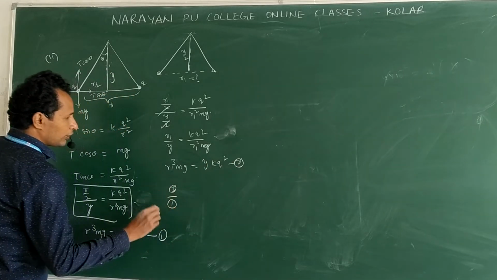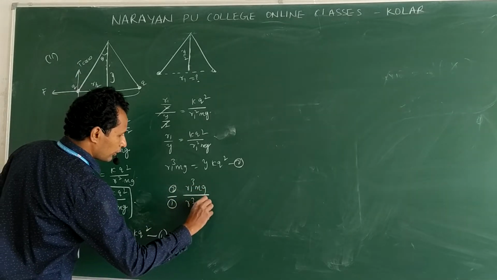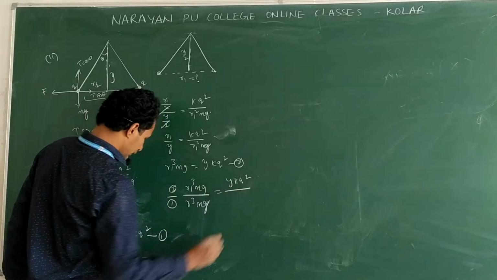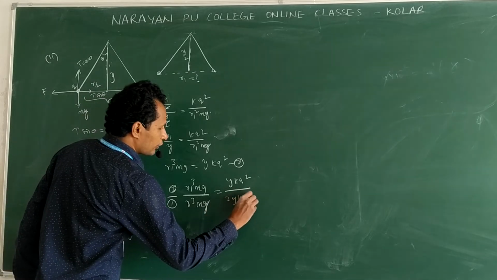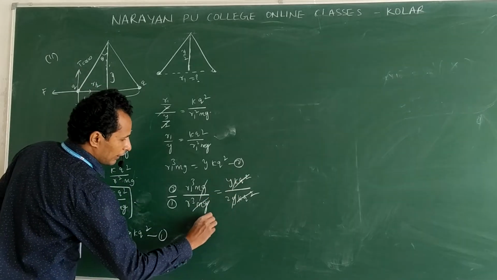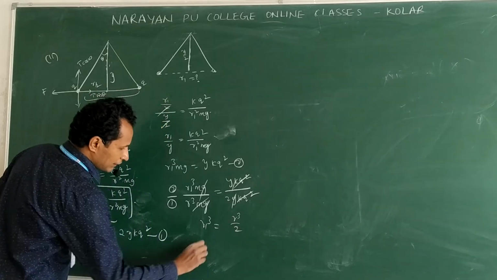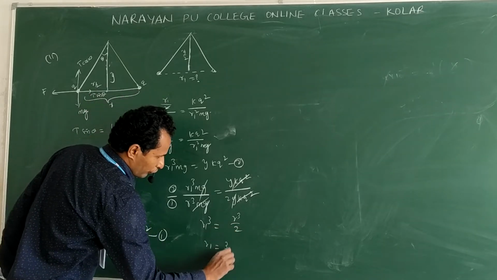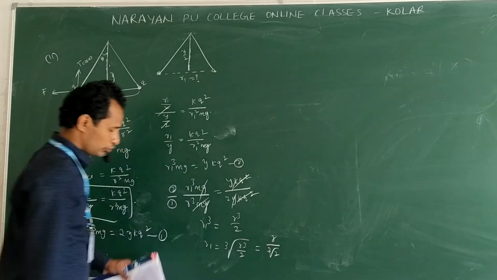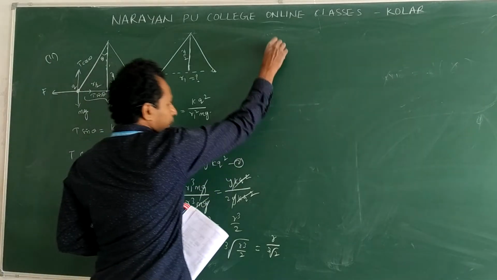Equation 2 by 1: r1 cube mg by r cube mg is equal to y k q square by 2y k q square. mg, k q square cancel, y cancels. r1 cube is equal to r cube by 2. They are asking r1, cube root of r cube by 2. This is r by cube root of 2. So option 2 is correct.